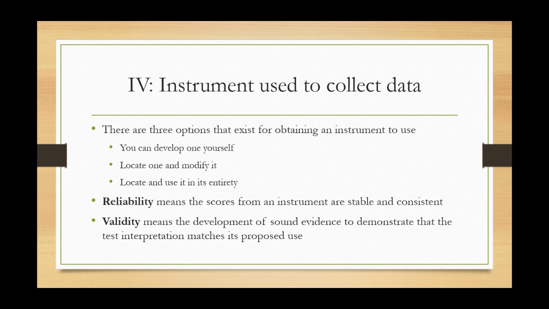There are different options that you can use to obtain such instruments. You can either develop one instrument by yourself, or you can locate one instrument and modify it and use it in your study, or you can use an instrument in its entirety. You take an instrument from another individual and use it.